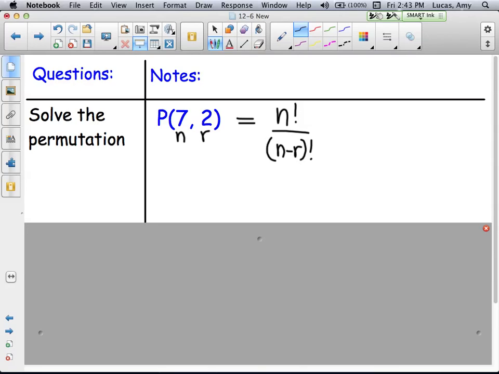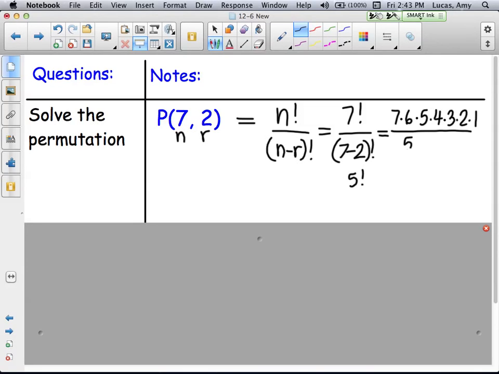So n is the total number of items, and r is how many we're going to use. So 7 minus 2. Okay, so 7 factorial means 7 times 6 times 5, and so on. And 7 minus 2 factorial is the same as 5 factorial.